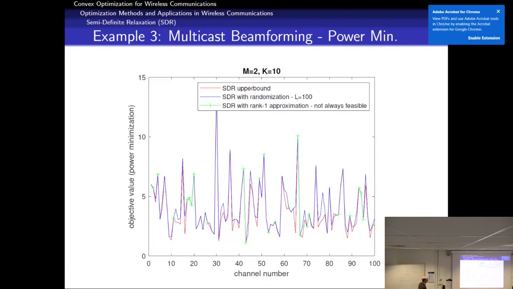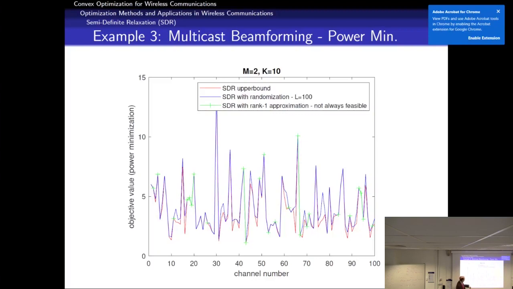This is what you see here. You have 100 randomizations, and you see that in blue you don't get exactly the same as the red one, because this solution satisfies the rank 1 constraint but is not the same as the optimal solution of the problem without the rank 1 constraint. So it's coming close to it.